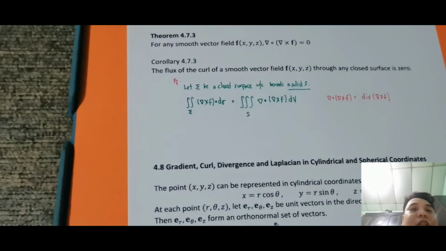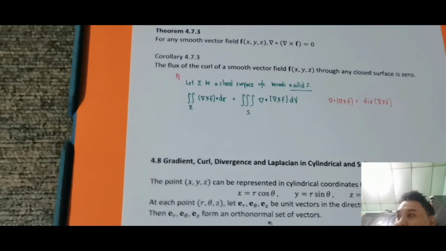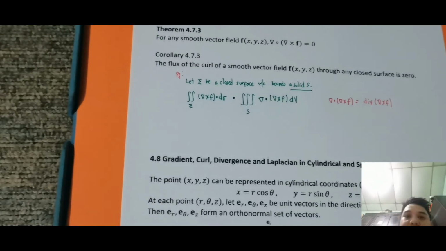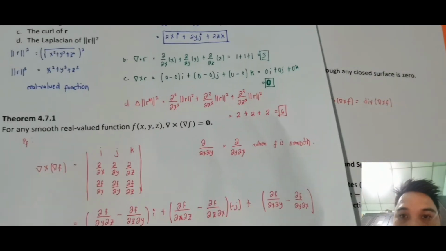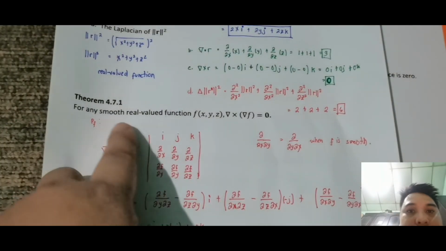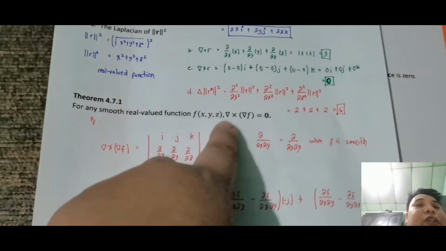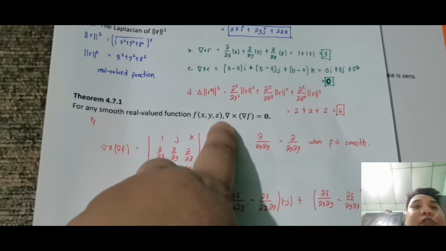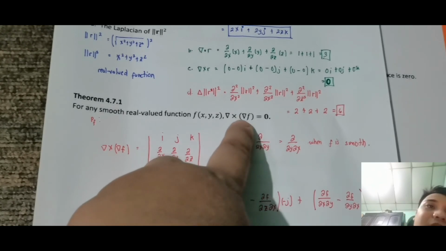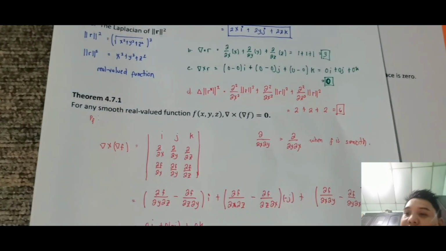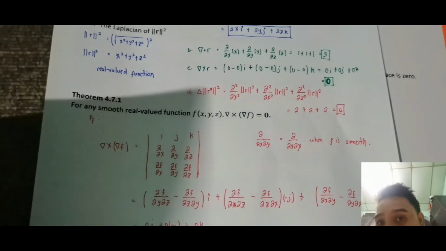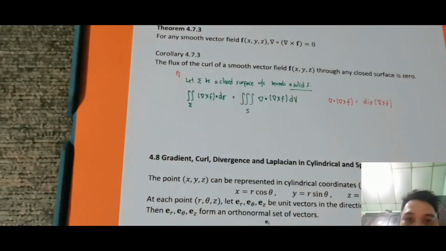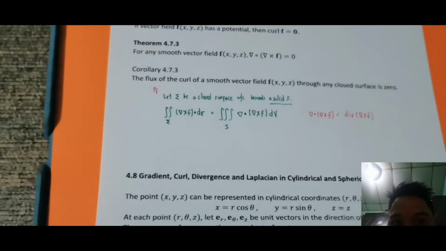Okay, and we all know that, sabi ng isang theorem natin kanina, for any smooth real-valued function, yung del of f is equal to 0 vector. So, check ko lang kung anong theorem to. Dito.